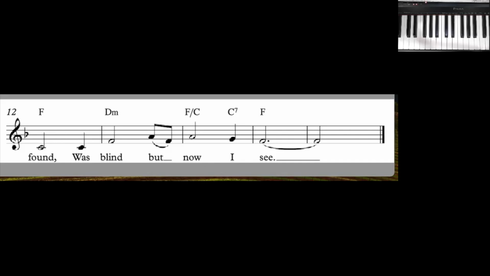First, let's see how we would realize the last 4 bars of Amazing Grace on piano. An accompaniment version might go like this. Or maybe we add the melody.